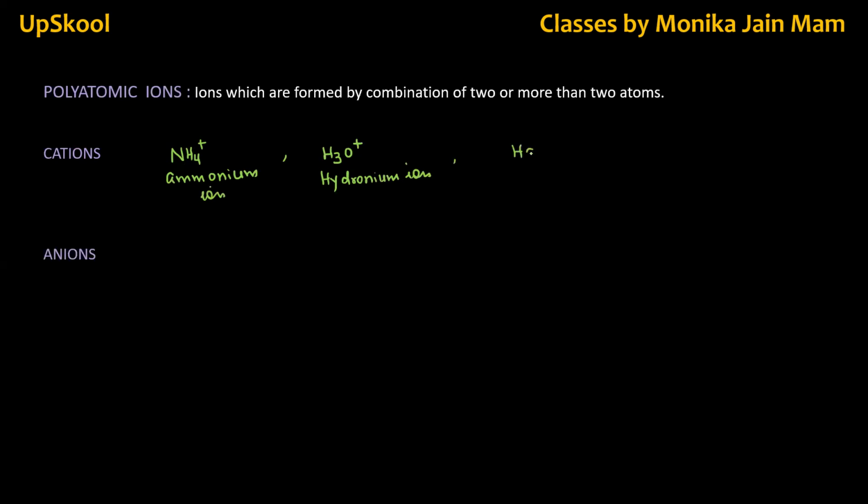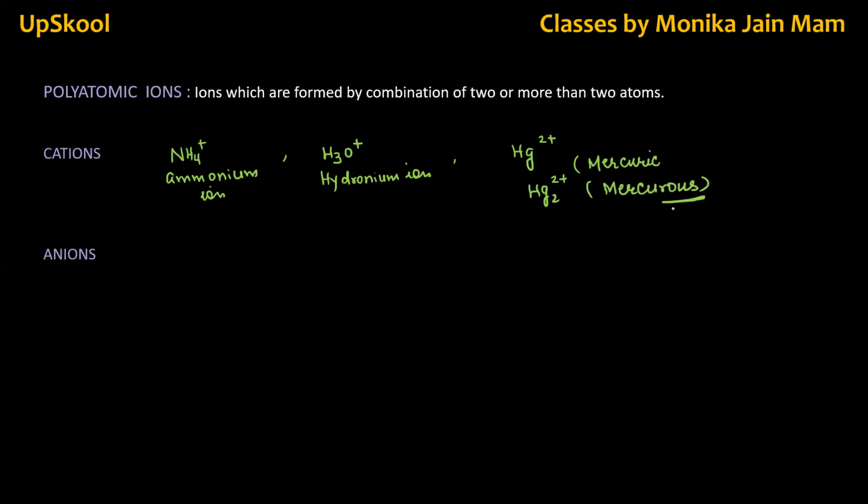Similarly, Hg2 2 plus, it is mercury. If I just write like this, it is mercuric. And if I write like this, as I have written earlier, it is mercurous.